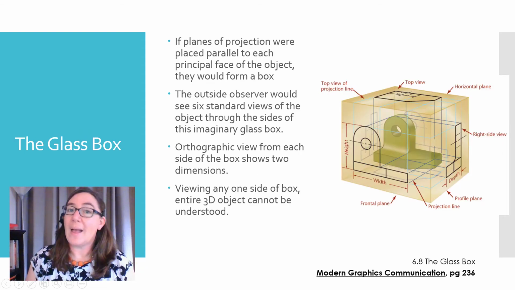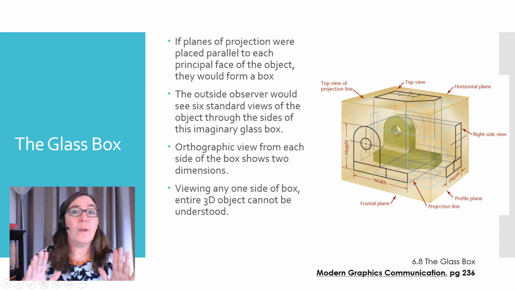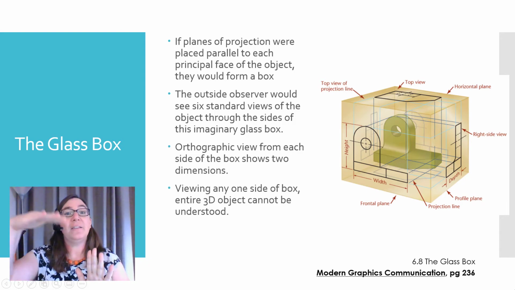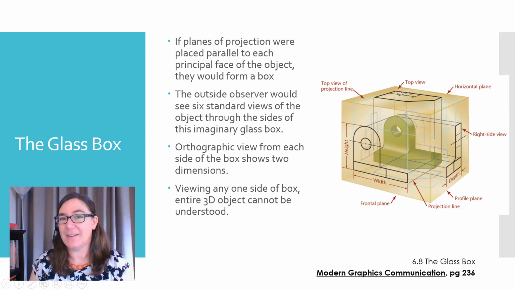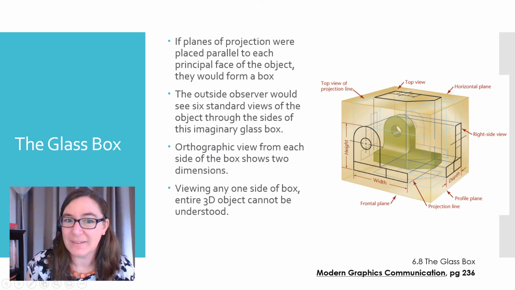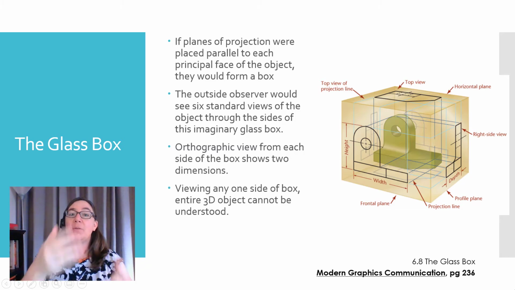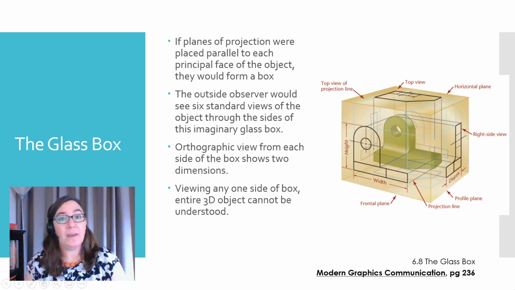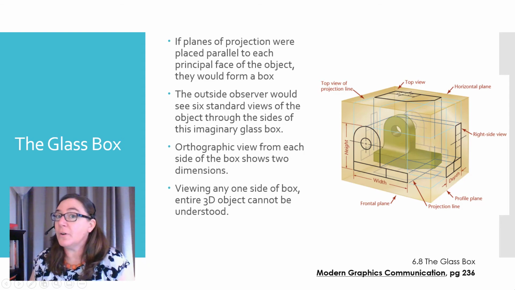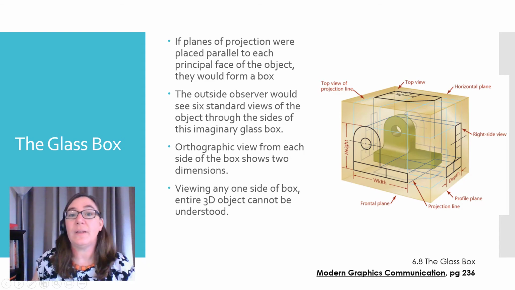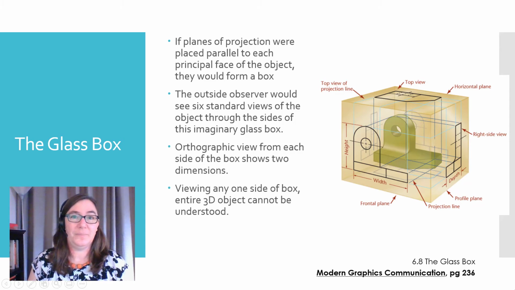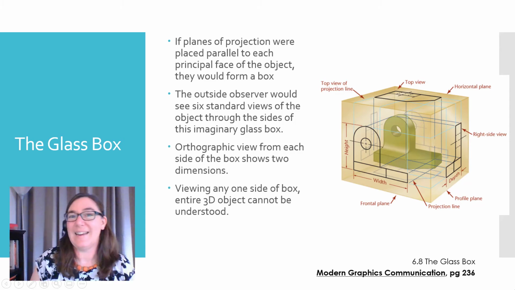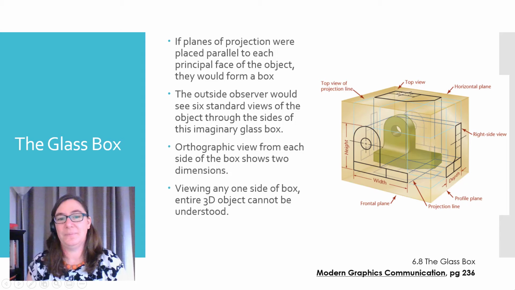If you surround your object with different glass panes parallel to each principal face of your object, they're going to form a box. All right. And if you then use the projection method on each side of that box, your observer who's standing outside is going to see 6 standard views of the object through the imaginary glass box.